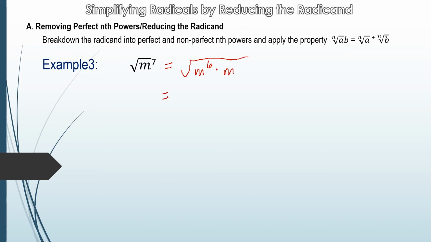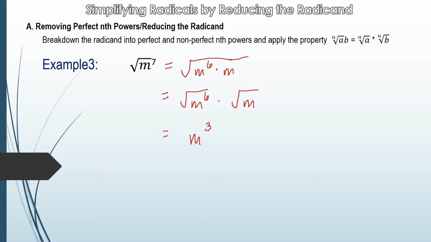Applying the law of radical, this is the same as the square root of m to the 6th power times the square root of m. Now we can extract. So the square root of m raised to the 6th power is simply m raised to the 3rd power. So you can just divide the exponent by the index. So here the given index is 2.